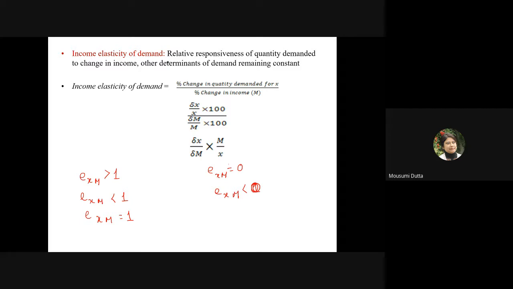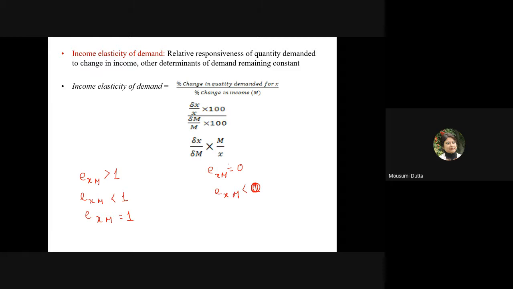So actually, if E is greater than 1, we call the commodities conspicuous commodities with respect to their consumption, or luxury goods. If EXM is greater than 1, that indicates you are spending more compared to the rate at which your income is changing. Okay, so income is changing by say 2 units. However, your expenditure is changing by 100 units. This is the idea, greater than 1.